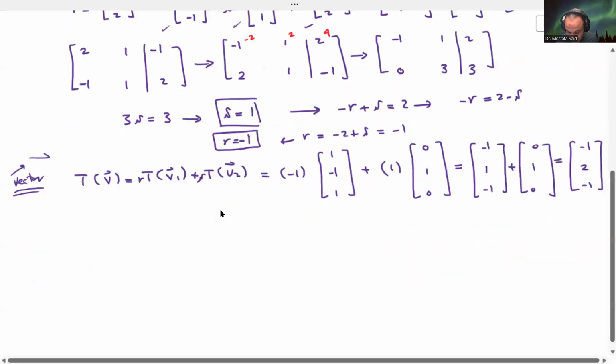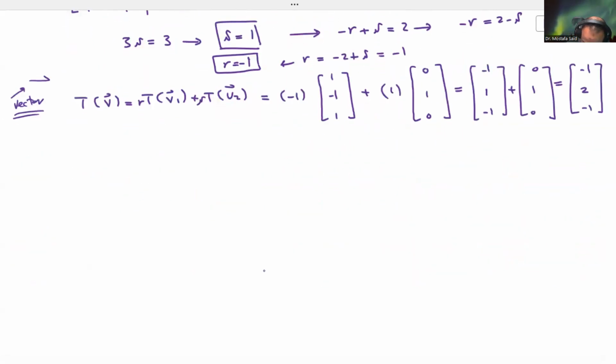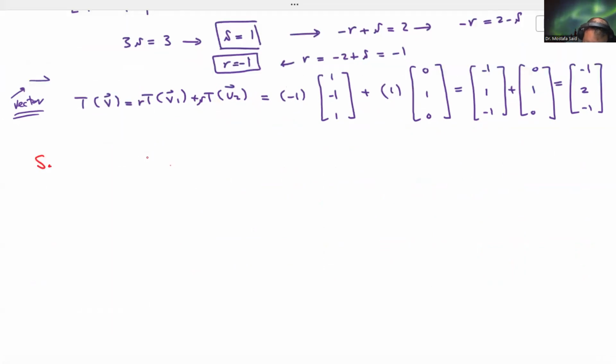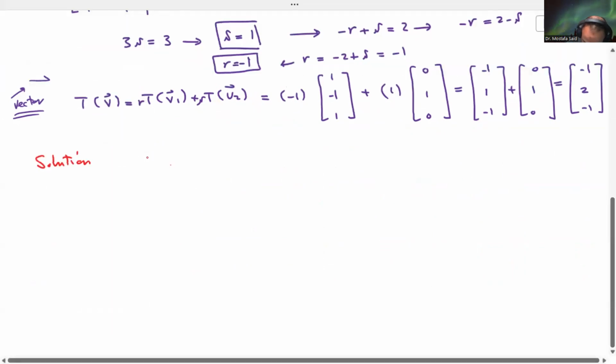Let's name it here. Solution 2, which is the general solution.